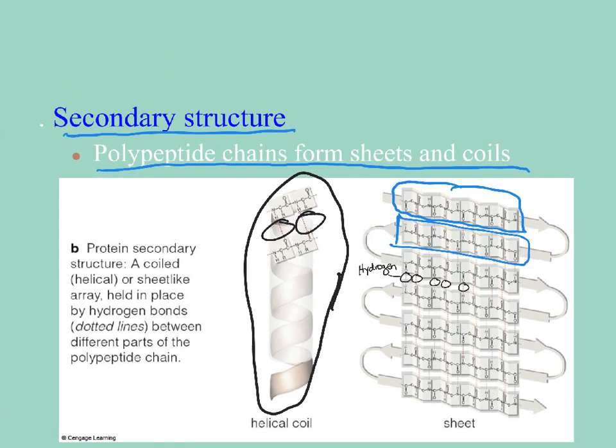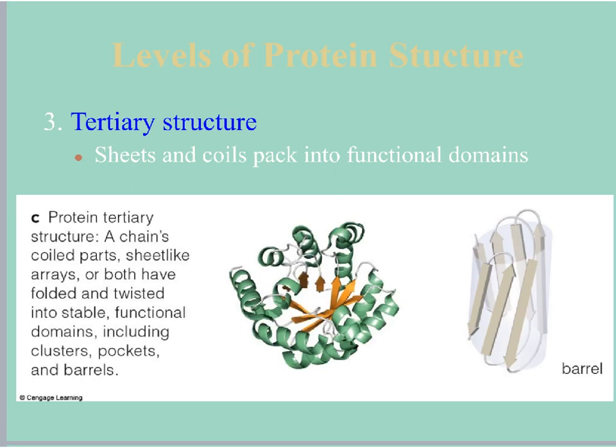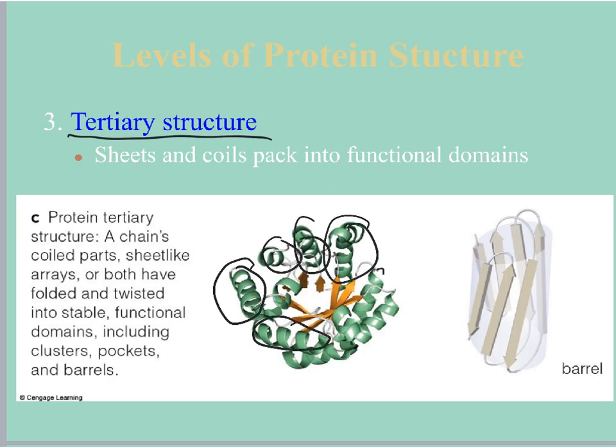Now let's move to the tertiary structure. So the tertiary structure now is the structure of a protein where you have sheets and coils packed into functional regions of the protein. So in this photo right here, you've got one coil, another coil, another coil, and another. So you've got all these coils now coming together.